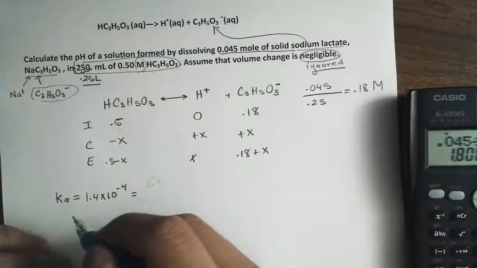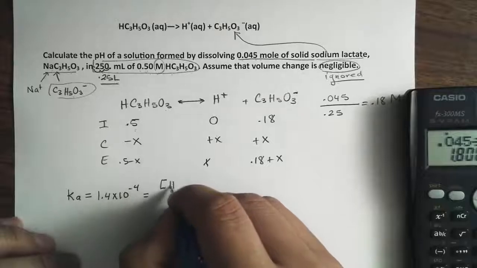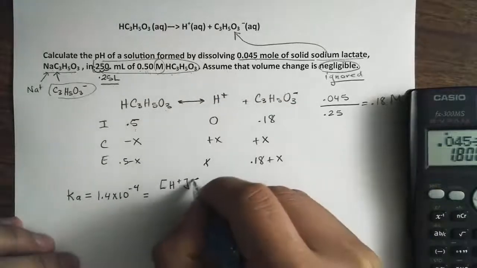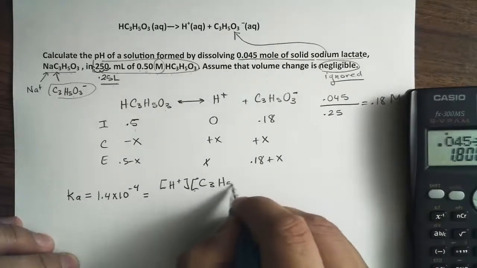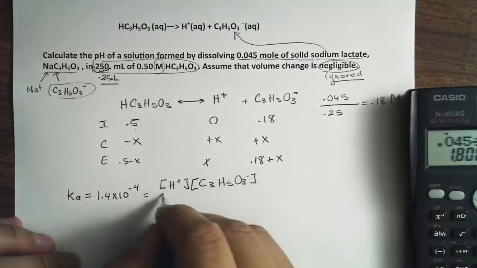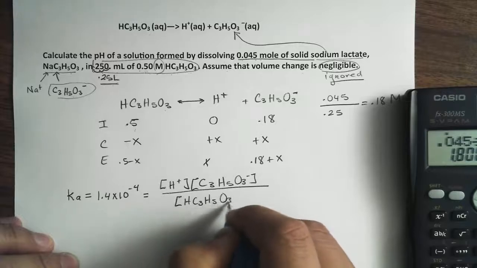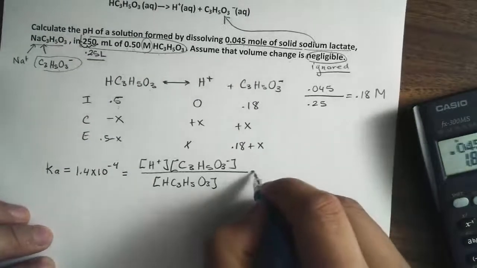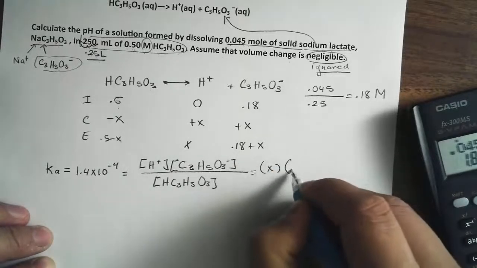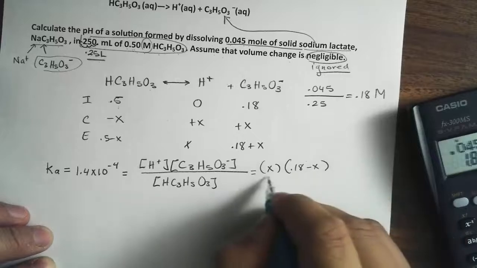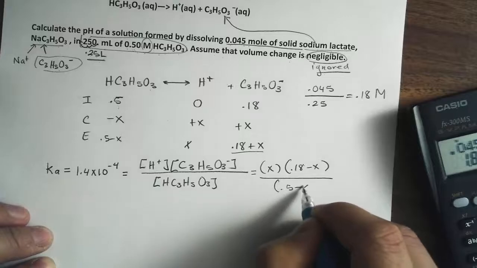So let's set up our Ka in terms of the formula, and we just plug in later. This is for that part right there, the product, and this is another product, over the reactant. And now we just substitute in terms of x. So we have x times 0.18 minus x, and on the bottom will be 0.5 minus x.